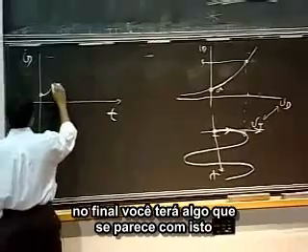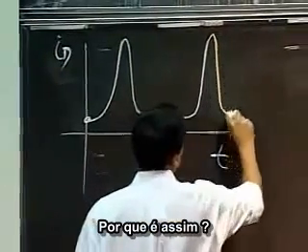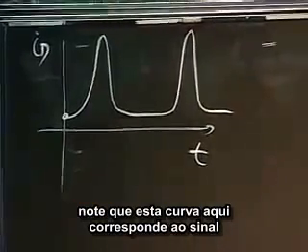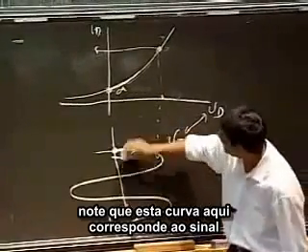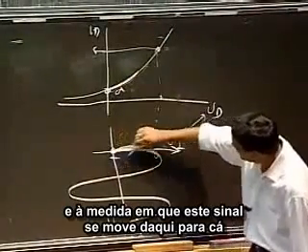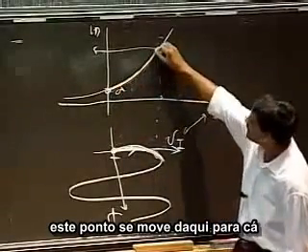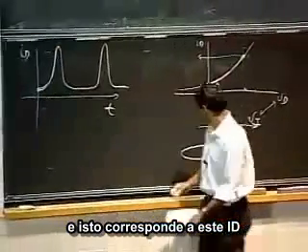So what you end up getting is something that looks like this. Why is that? Notice that this curve here corresponds to the signal. As this signal moves from here to here, this point moves from here to here, and that corresponds to this ID.